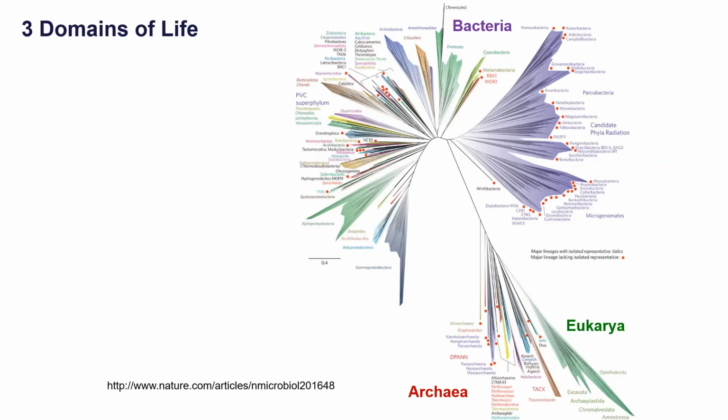But I found this one, and I thought this was interesting because they actually place the eukaryotes and the archaea a lot closer than they do the bacteria. But anyway, this is something that biologists love to debate or reclassify over the years. A little bit of it's interesting. I don't find it terribly interesting.